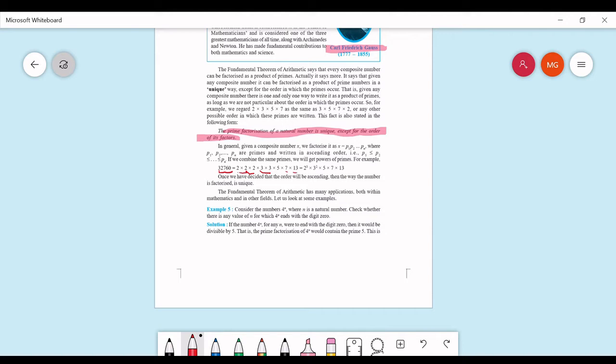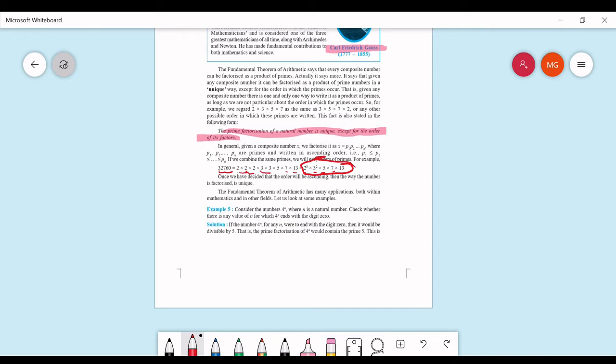Now for better understanding and representation, how can we write this? We can use exponents. So we can write 2 to the power 3 multiplied by 3 to the power 2 multiplied by 5 multiplied by 7 multiplied by 13. I can write it in any order I want, but whenever I multiply these numbers, I will get 32,760 only. But for better representation, we write it in ascending order.